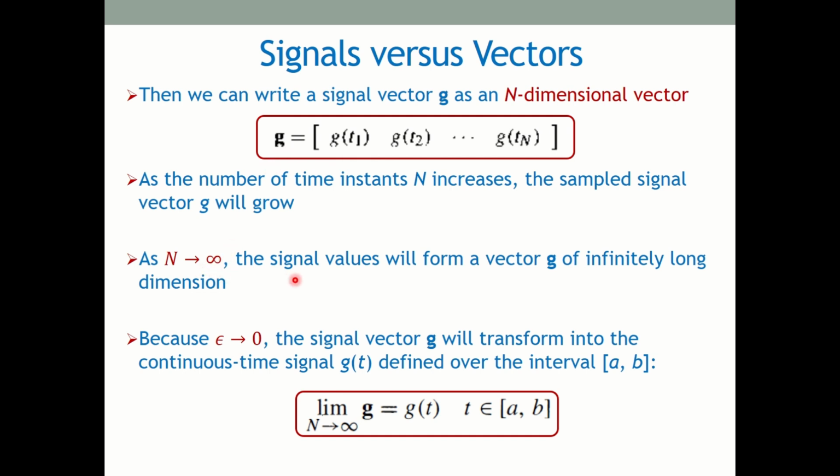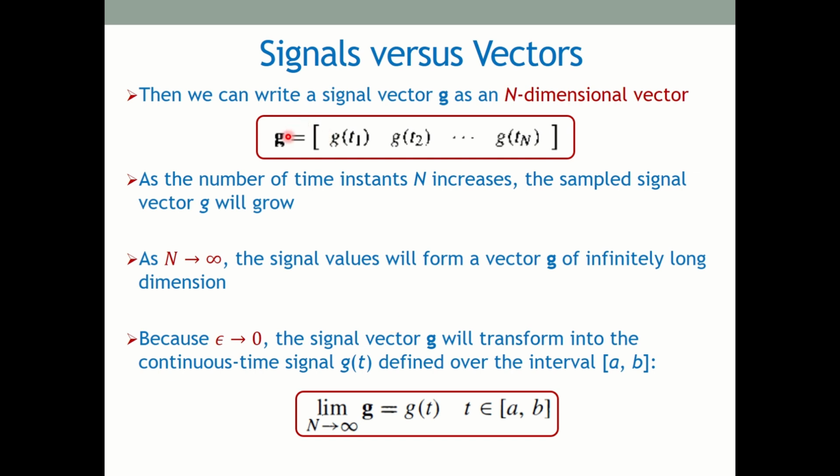For n infinity, the signal values will form a vector g of infinitely long dimension, and in that case, if n approaches infinity, epsilon, the distance between two points in time, would approach 0. It will be very, very small. So the vector g will transform into this continuous time signal in the limit n approaching infinity.